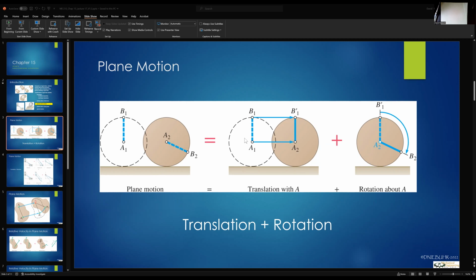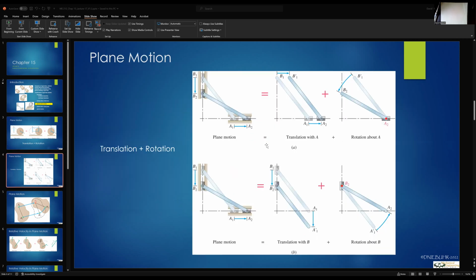What that does is it allows us to take directions and vectors, add them together, and pretty much understand where something is going to move. Again, all these problems are at an instant in time. So we're not going to say what's going to happen in 2 seconds or 3 seconds. We're going to say this is what it looks like at this point.